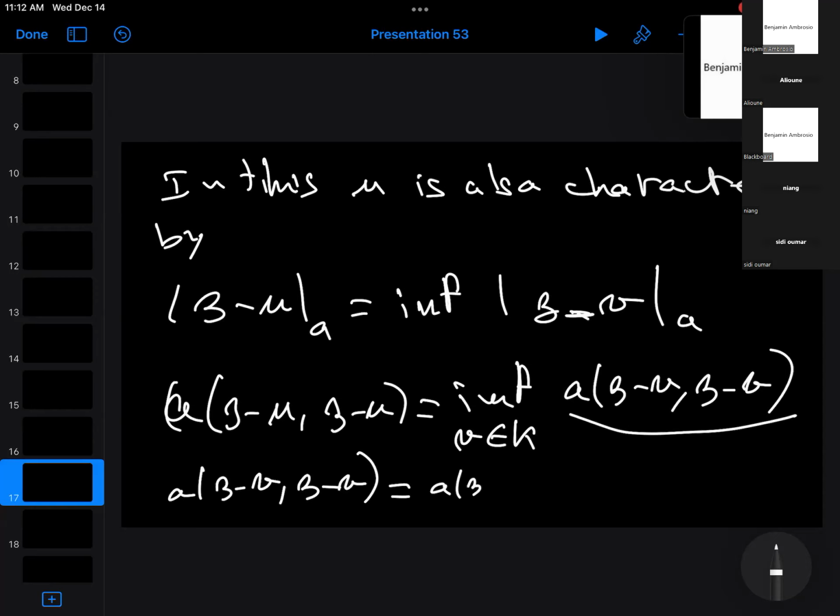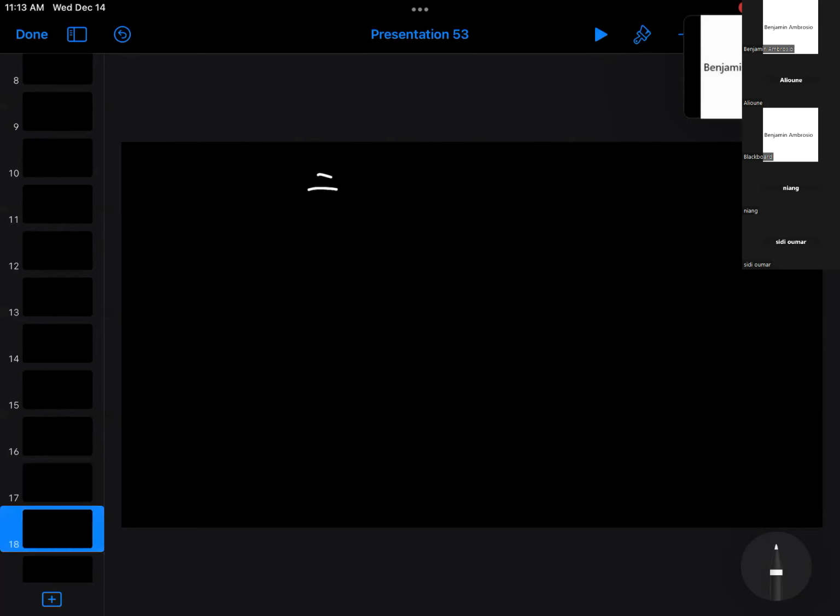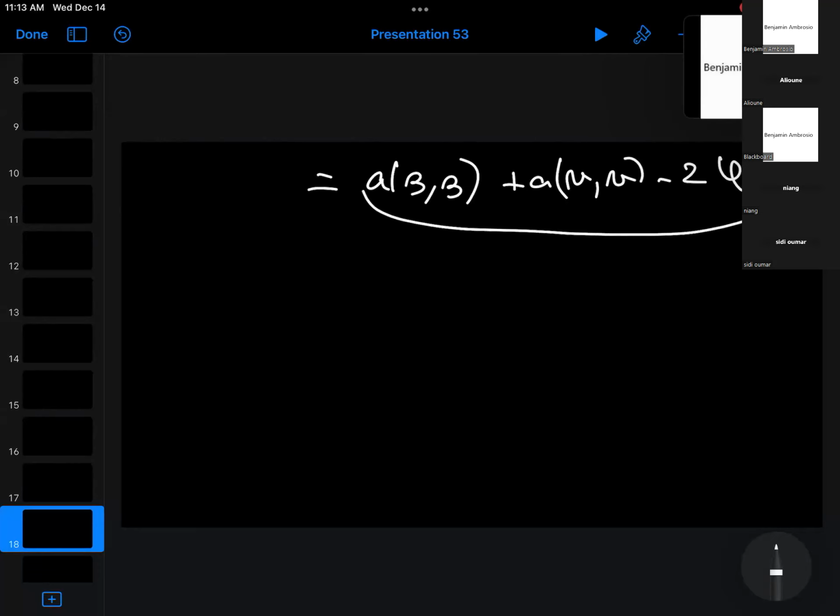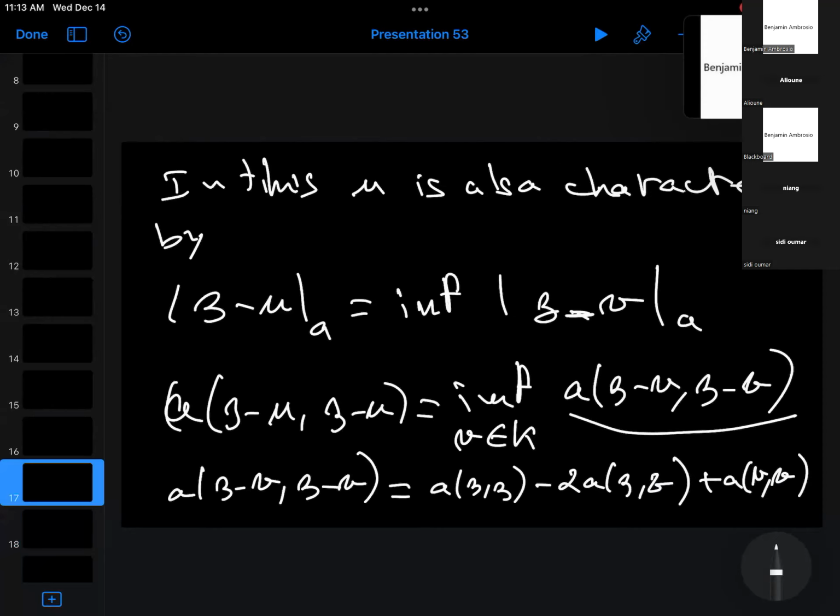Equals A Z, Z minus 2 A Z, V plus A V, V. But A Z, V is phi of V. So this equals A Z, Z plus A V, V minus 2 phi of V. So I need to minimize that, but this is a constant.